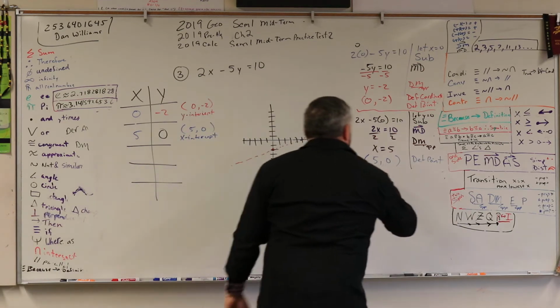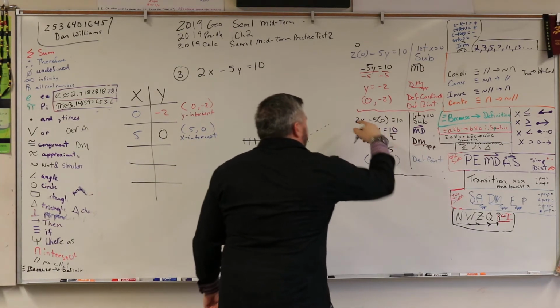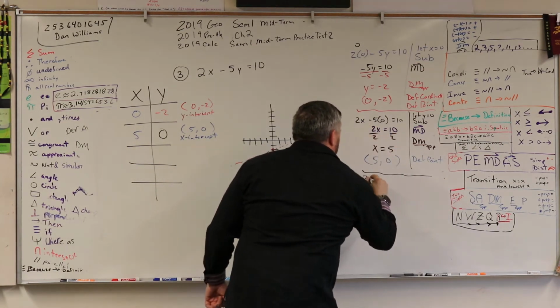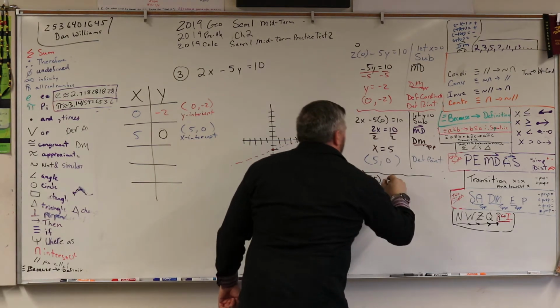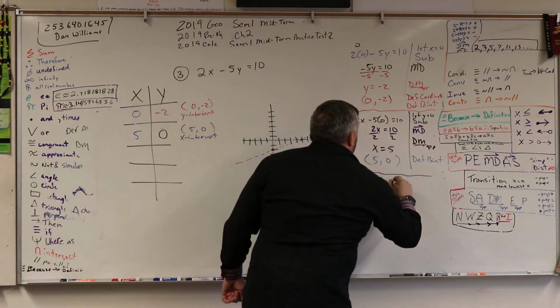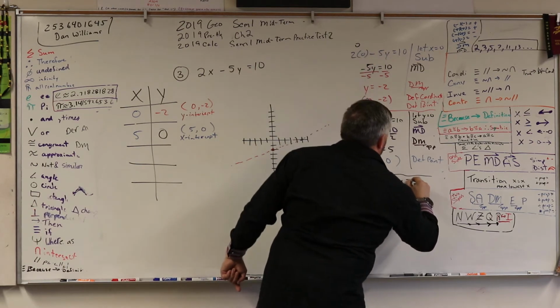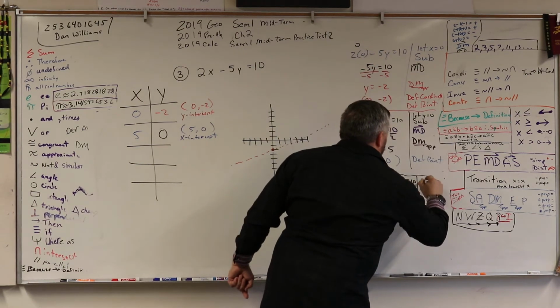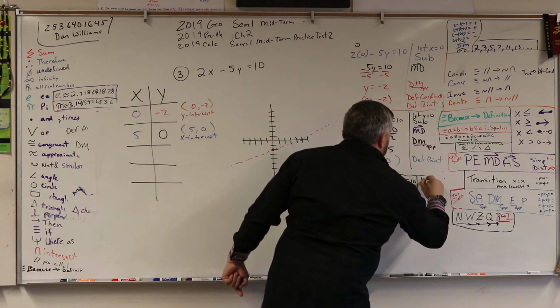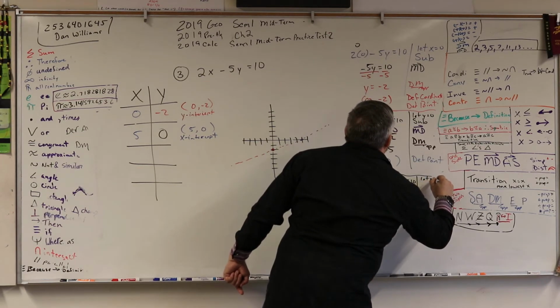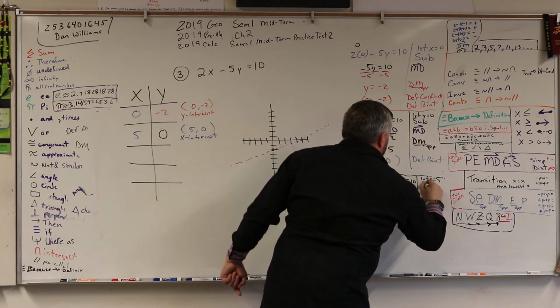So that's what I'm going to do. I'm going to choose a 5 for x. I got 2 times 5 minus 5y equals 10. Okay? And that's let x equal 5.